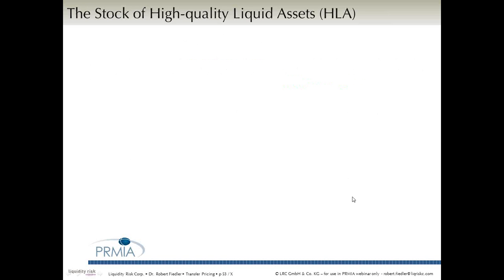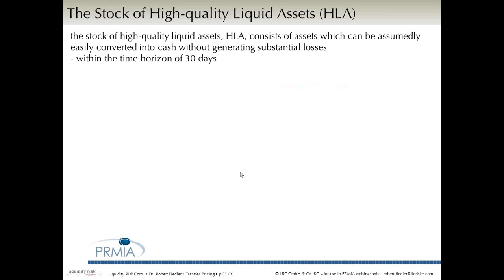Okay. Now, what is the stock of highly liquid assets? The idea is assets which can assumedly be easily converted into cash without generating substantial losses, whatever this may mean, within the time horizon of 30 days. They cannot be encumbered or rehypothecated.